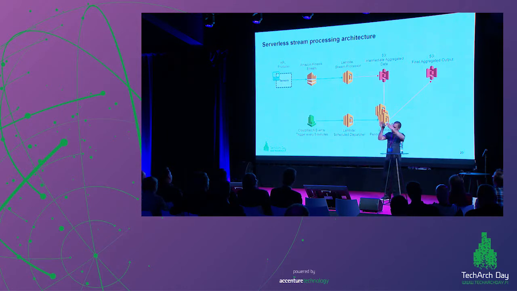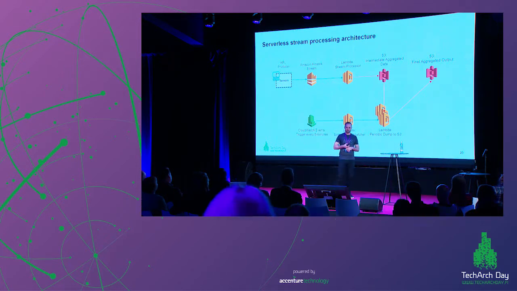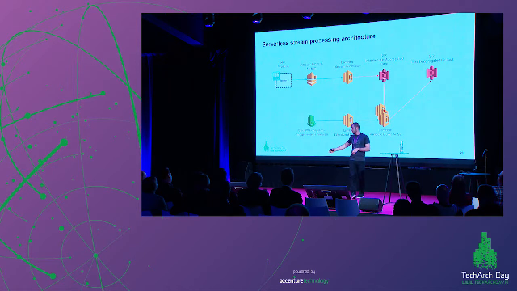So you aggregate inside Kinesis, store into S3, and then you have, for example, every 5 minutes, a Lambda function that is scheduled to take that 5 minutes' worth of data and do some processing, and then store the fully aggregated results inside an S3 bucket. And what you would have then is, for example, Athena or QuickSight or some recommendation engine taking that data and acting upon it, right?